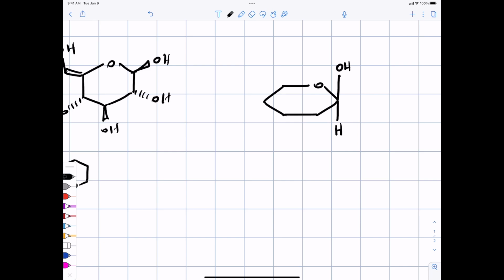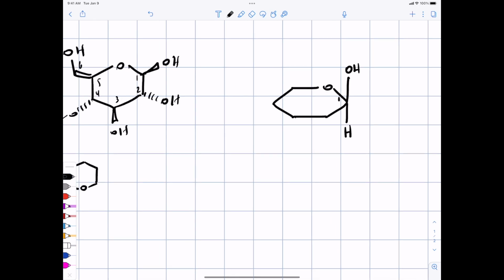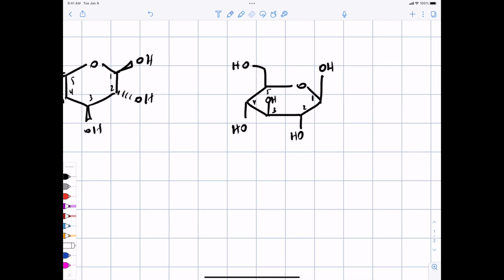You follow your way around the ring, 1, 2, 3, 4, and 5, and at each position the hydrogens are optional, but you draw the OH groups in the correct orientation, up versus down. That's the way to draw ribose or deoxyribose, like for DNA, a very common way of representing the sugar.